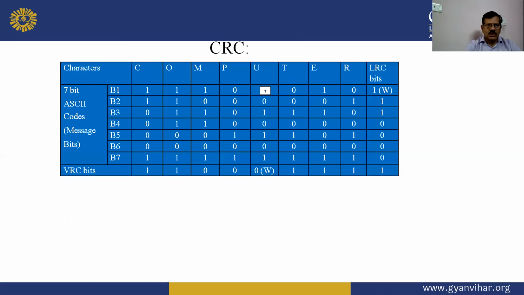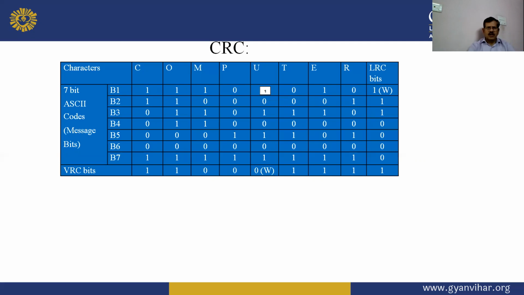So here are some characters, 7-bit ASCII code message bits, and also the LRC bits, that is 1100000001, and the different bits B1, B2, B3, B4, B5, B6, B7 here.